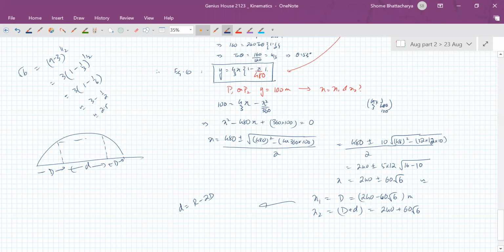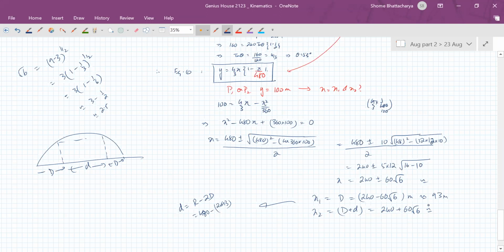So anyhow, this will become 240 minus 147. So this will be 93 meters approximately. So D will come out to be approximately 93 meters. And therefore small d will come out to be 480 minus 2 into 93, or the same thing, 240 plus 60 root 6.